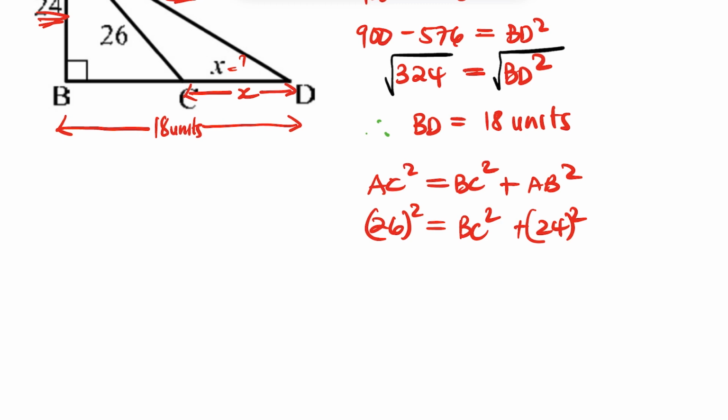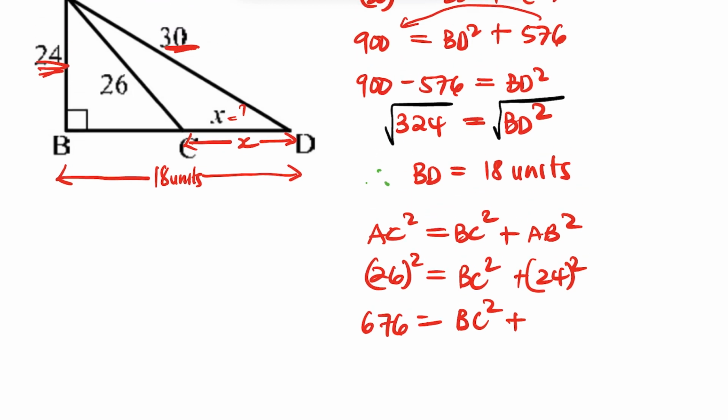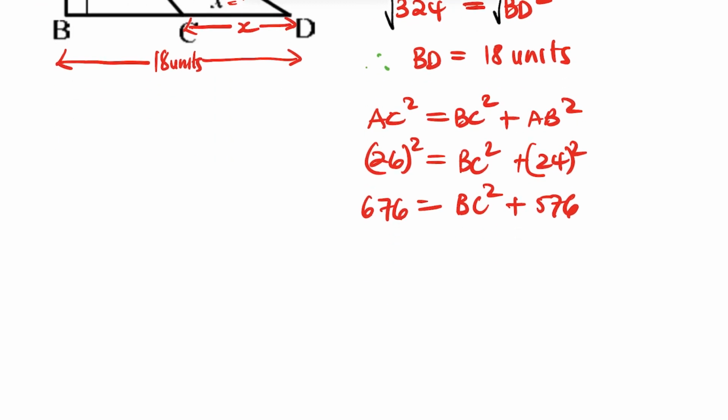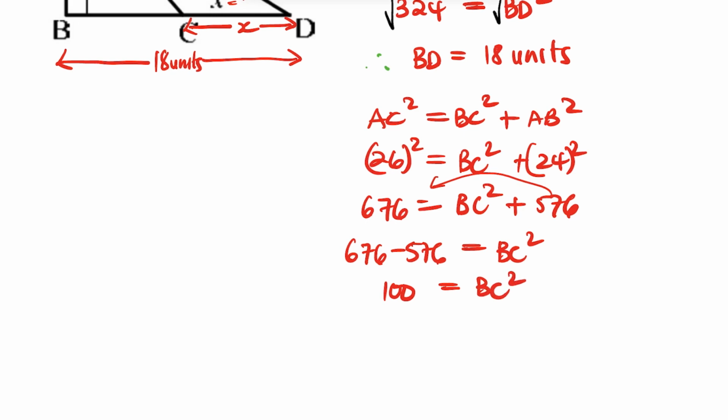So 26 square is 676 equal to BC square plus 24 square, it's 576. And then we transpose this to this side. It's going to be 676 minus 576 equal to BC square.